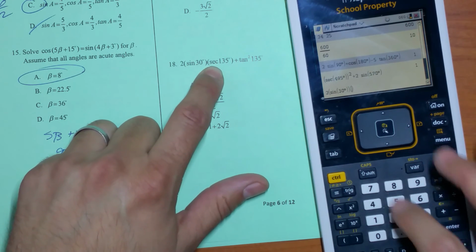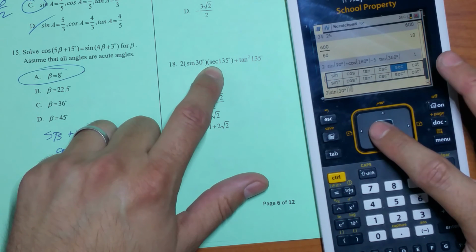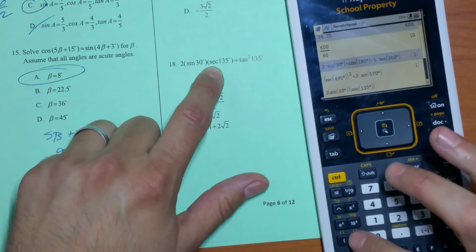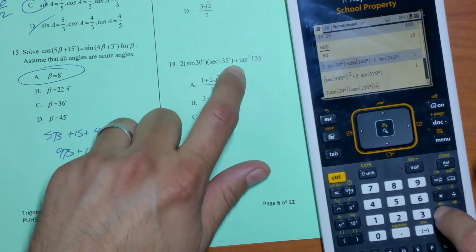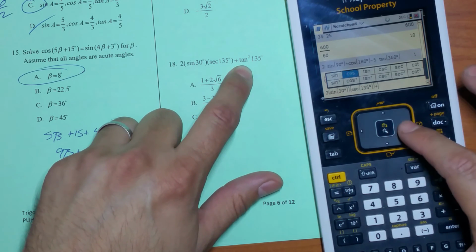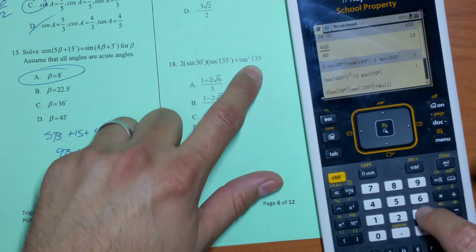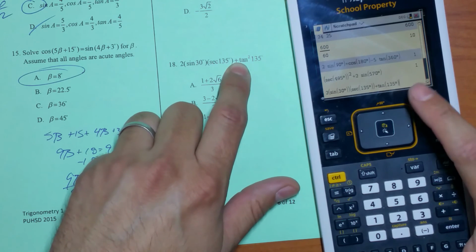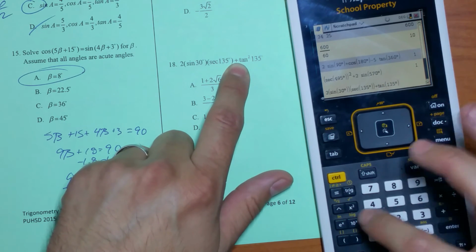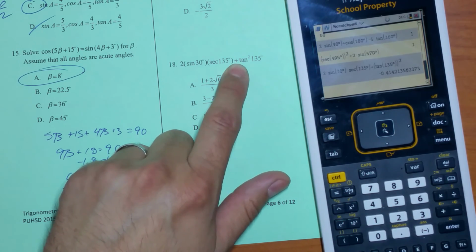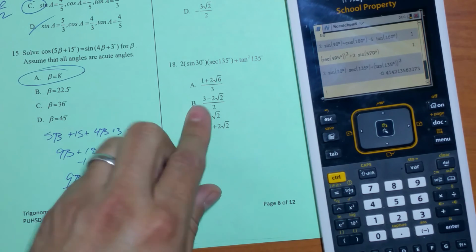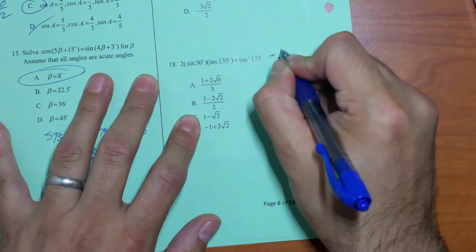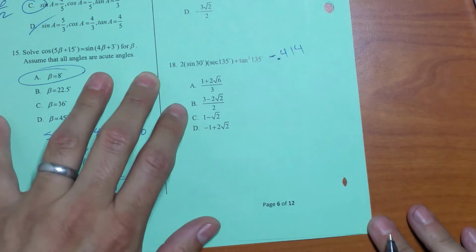Open, secant, 135 degrees, close, plus tangent, 135 degrees, close, and then, like I said, square goes on the outside, and I get negative 0.414.